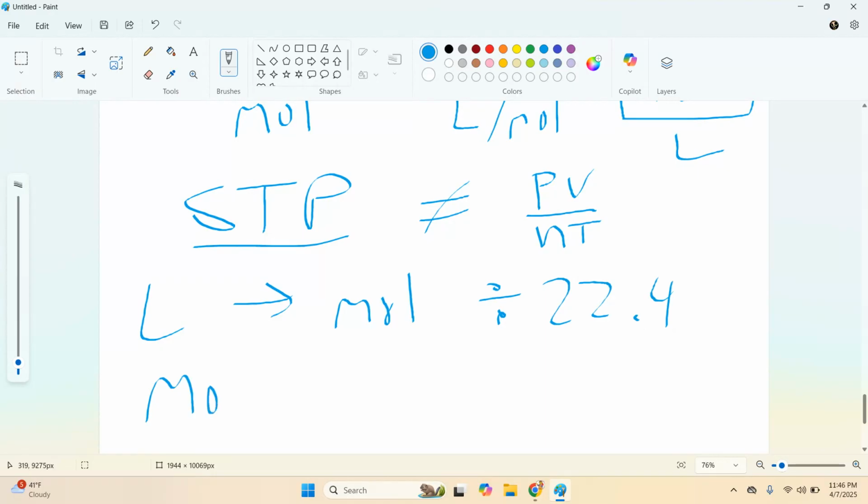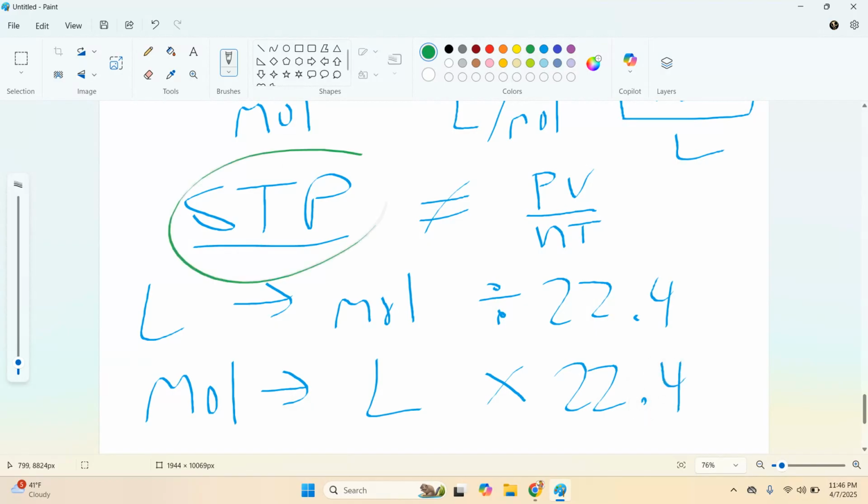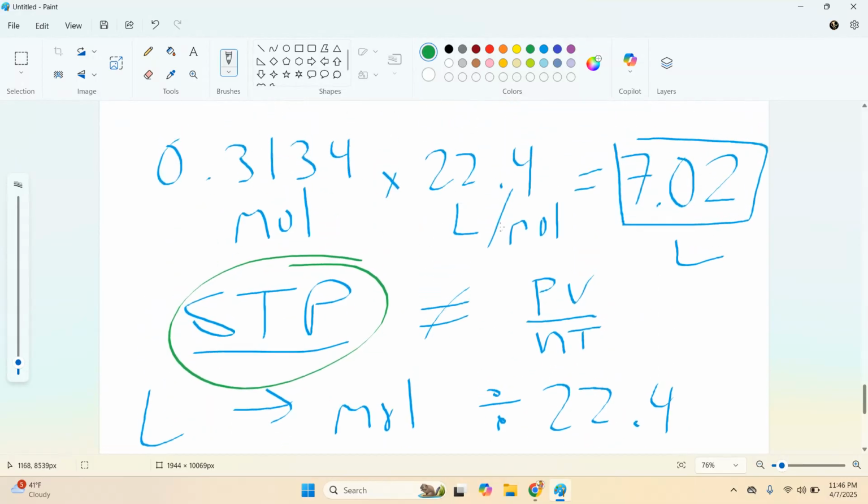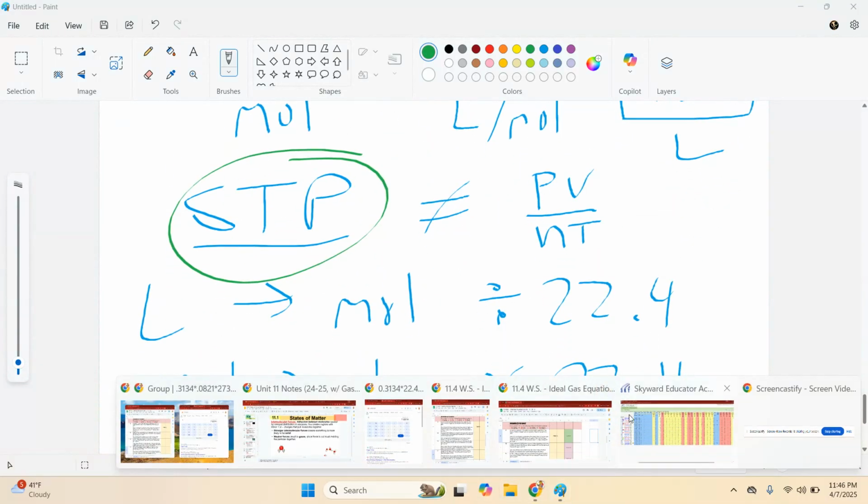If you're going from moles into liters, you multiply by 22.4. Again, this only works under STP. If you have any other type of gas condition, you will need to do the full PV equals nRT equation. I hope this helped. Good luck.